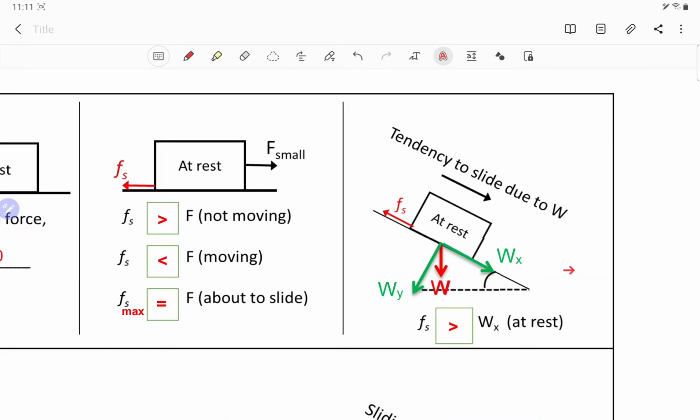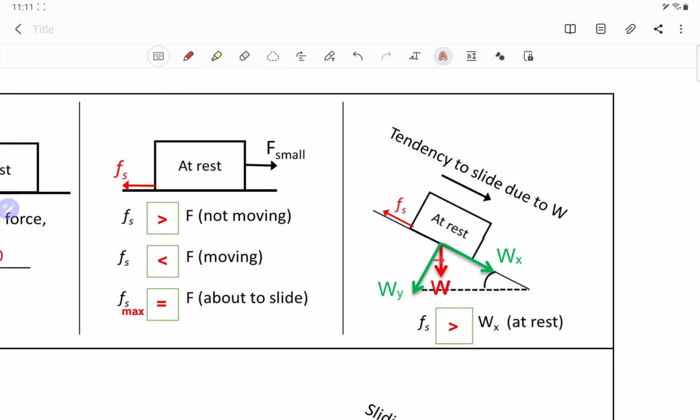Okay, so we look at the last diagram over here, an object on a ramp. Okay, so objek ni berada dalam keadaan condong. So, kalau kita letak apa-apa dalam keadaan condong, it will have the tendency to slide down due to the gravity. But in this case, the object is still at rest. So, therefore, we have a static friction against the tendency. Okay, tadi kita dah tengok direction of the vector for weight will always be towards the center of the earth.